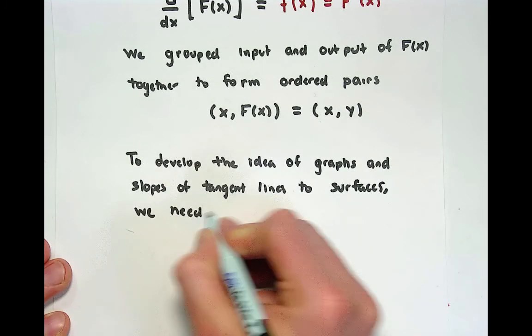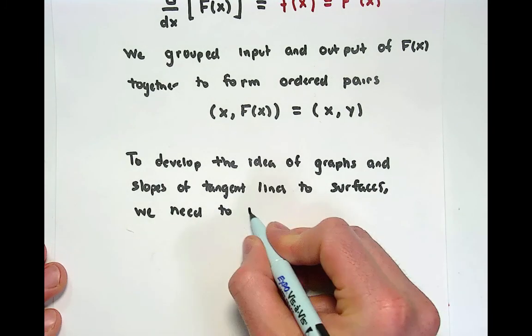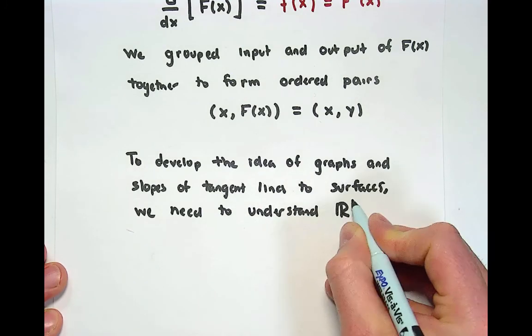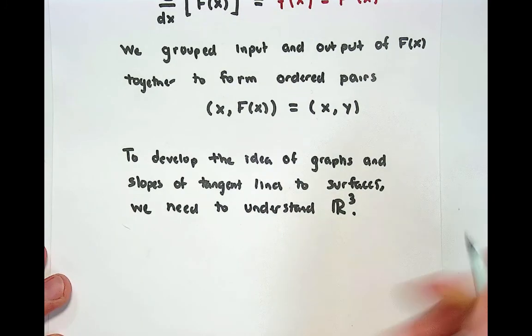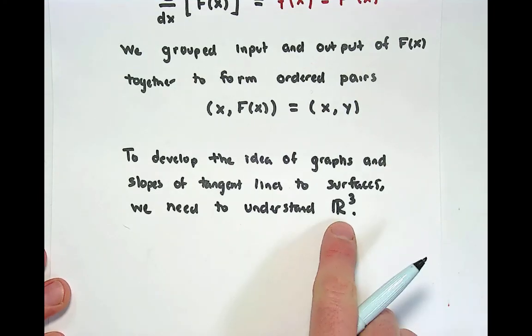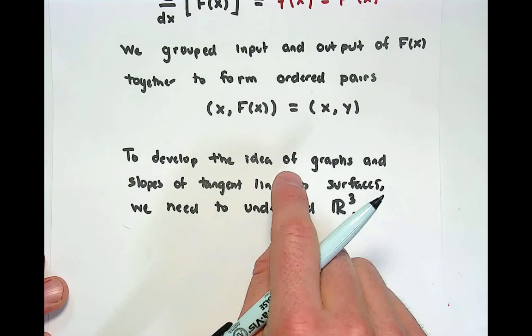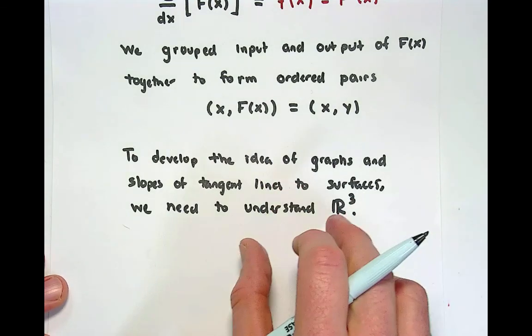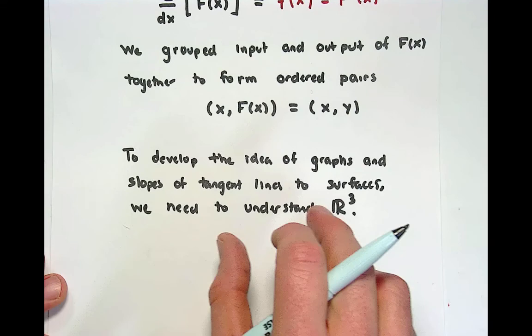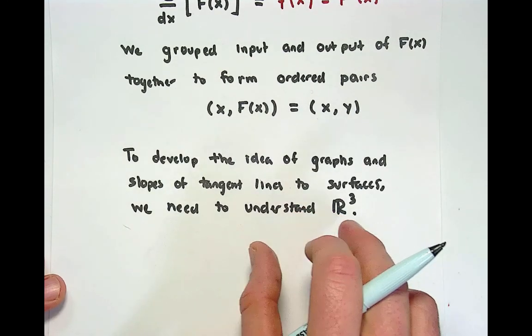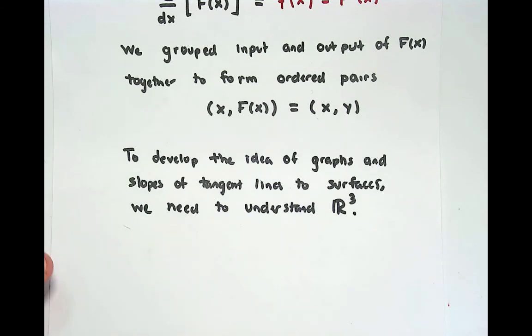We need to understand R3, and that's what this lesson is all about: developing intuition about ordered triplets so that we can use this intuition to build surfaces and use our understanding of surfaces to build derivatives, which are slopes of tangent lines to those surfaces. It's kind of the motivation for this.